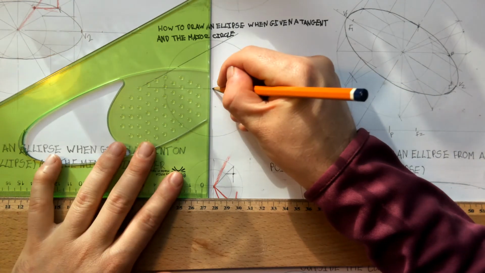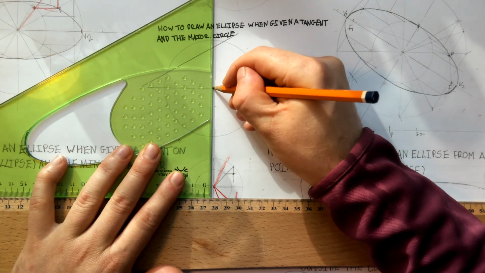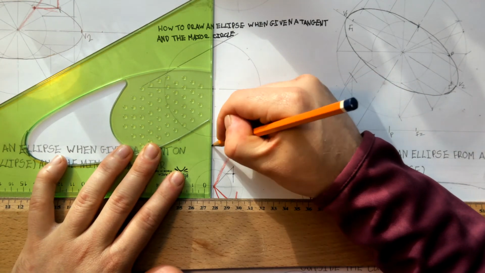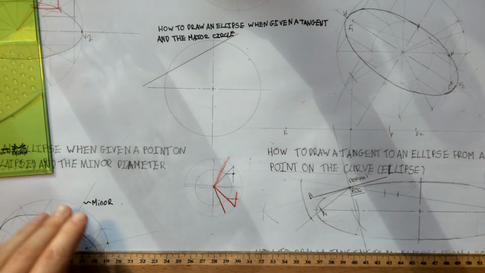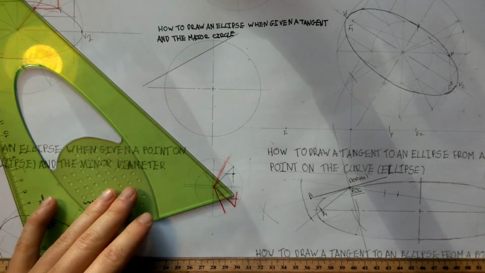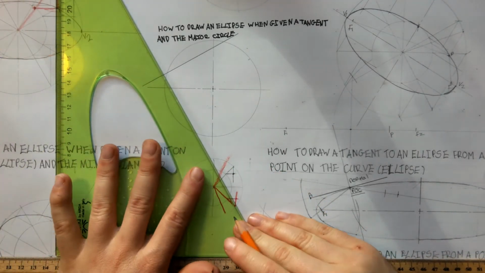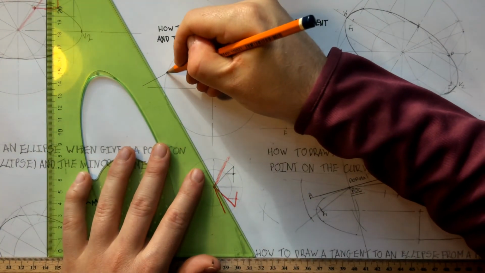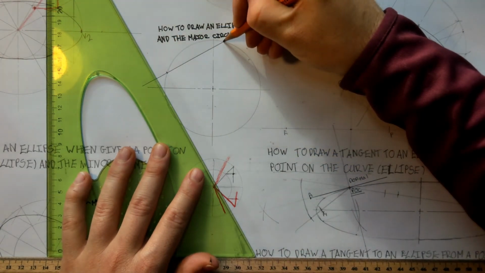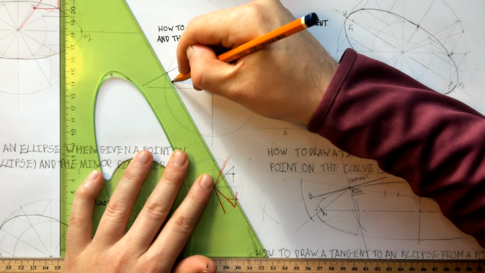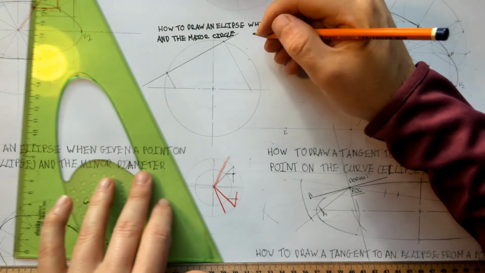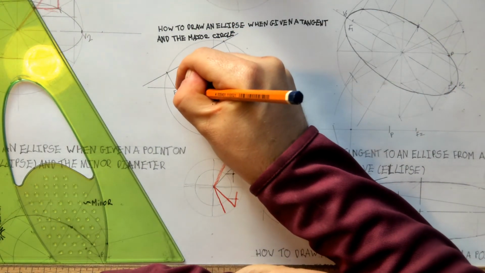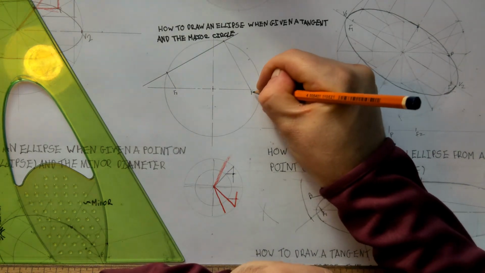It's not as commonly asked on the state exams as the others, but it is possible. Now, when a tangent hits the major circle, from the points of intersection, if you go at 90 degrees to the tangent, you get the focal points F1 and F2.